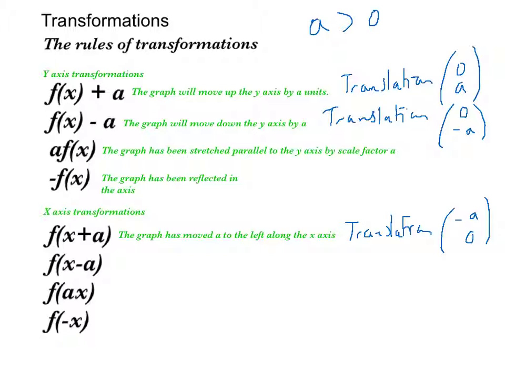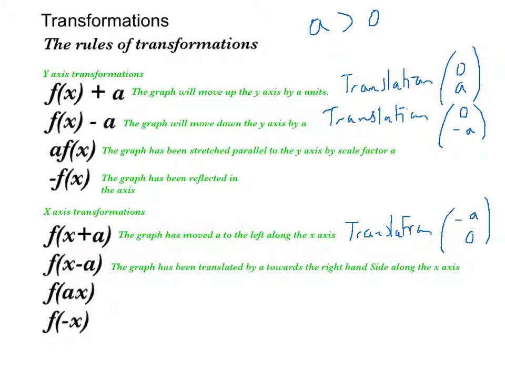So similarly, this f of x minus a, the graph has been translated or moved by a towards the right hand side along the x-axis.